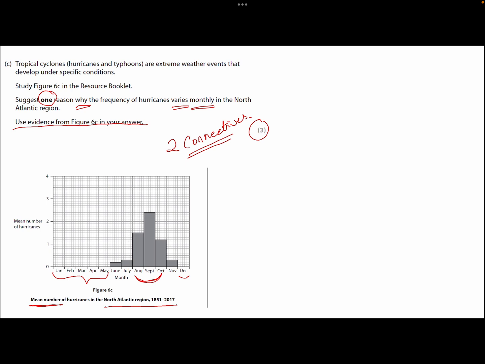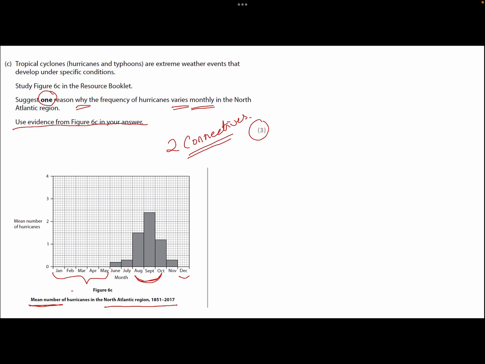You've got figure C here, 6C. The title says the mean number of hurricanes in the North Atlantic region from 1851 to 2017. So every month, how many hurricanes did they find on average during that month? And as you can see, January to May, there are no hurricanes, all right? It's probably too cold. And then you come to the summer months and you find temperatures will obviously get warmer, and hence you can see there is an increase in the number of hurricanes.